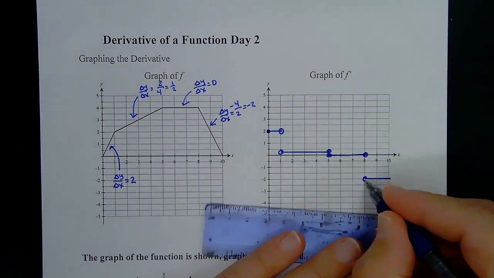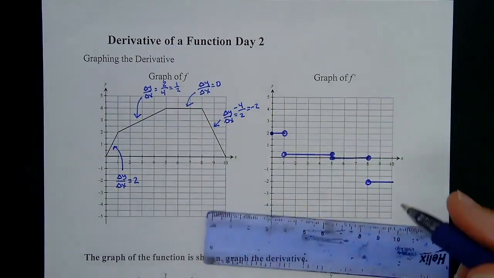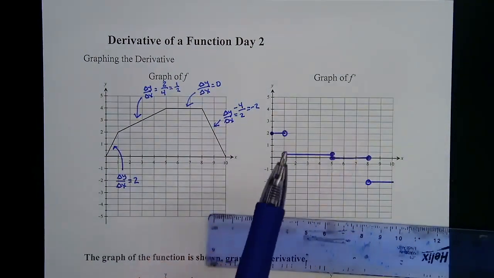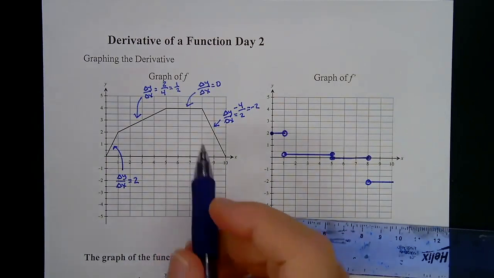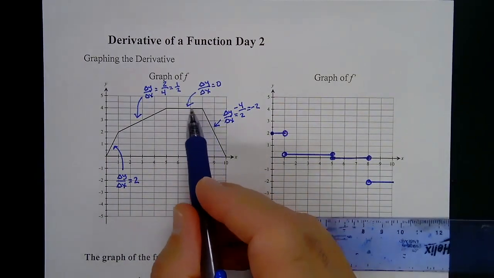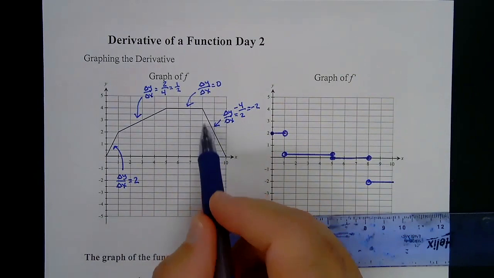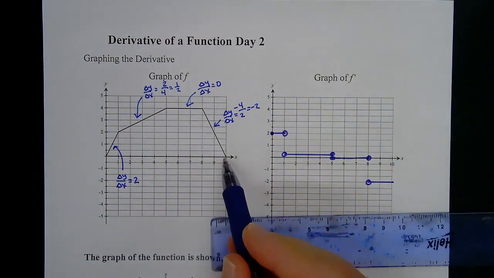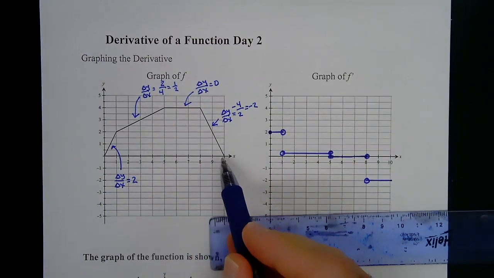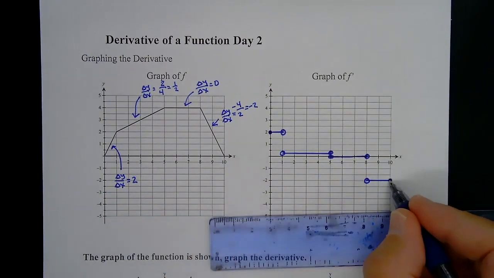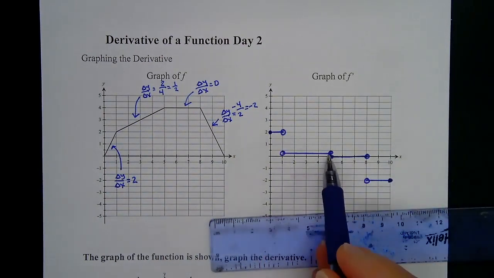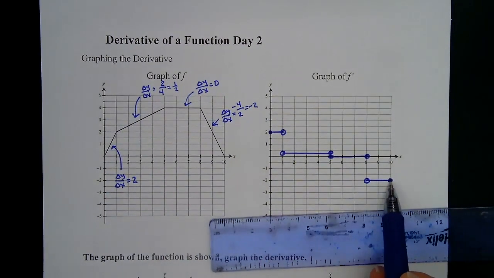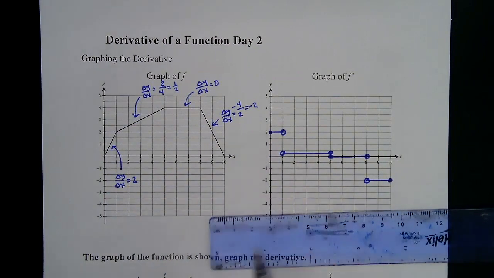This one is going to be open because right there the slope changes instantaneously from being 0 to being -2. So that's why we can't have a derivative right there. And then right here at 10, there's only one side, so that means we can include it, and that would be a closed dot. So all of these are open dots. The right endpoint and this left endpoint are going to be closed dots.